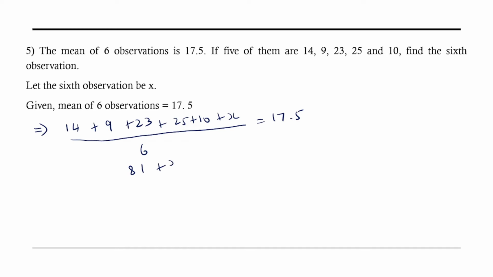So 81 plus x is equal to, we can take the 6 to the other side, so it is 17.5 into 6, which is 105. So from this we get x is equal to 105 minus 81. This is equal to 24. So the 6th observation is 24.